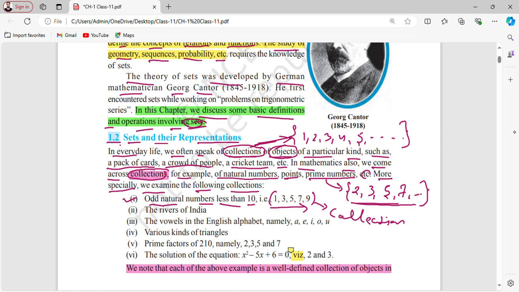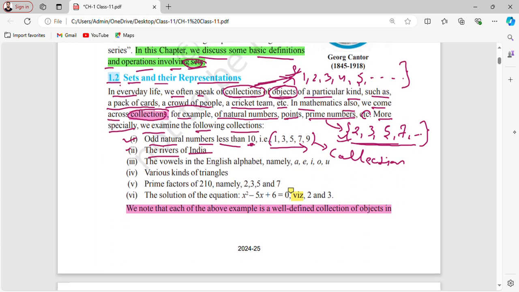This is a collection of prime numbers, and this is also a collection of natural numbers. The rivers of India. This is a collection also.